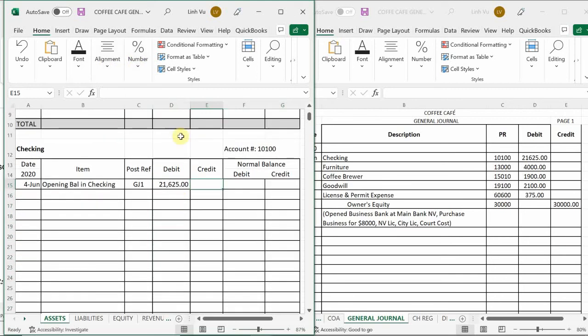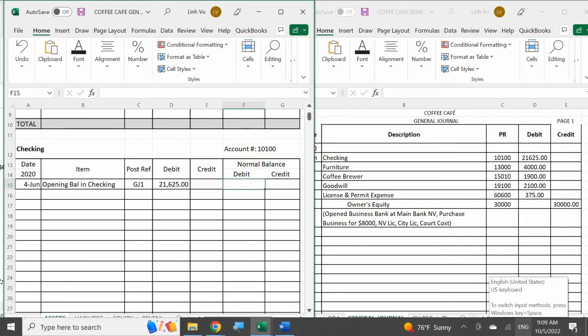Since I journalized it as a debit, what would be my balance in my checking account? A debit balance of the same amount. If I start out with 0 and then I debit my account for 21,625, after this transaction I now have $21,625 in my checking account. So that's how the general ledger works.